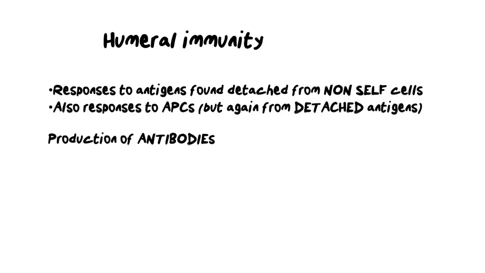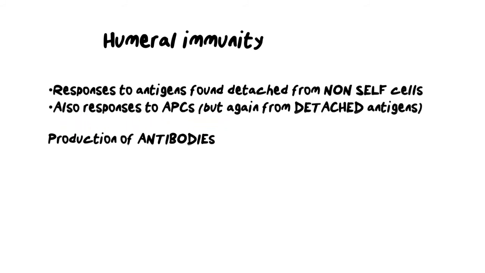Moving on to humoral immunity. Humoral immunity is similar in some ways to cell-mediated immunity, but also very different in that it is a response to antigens that are detached from non-self cells. So we're not talking about a response to the whole cell, we're talking about the antigens that detach from it, and we're also talking now about non-self cells, so antigens from pathogens such as bacterium.